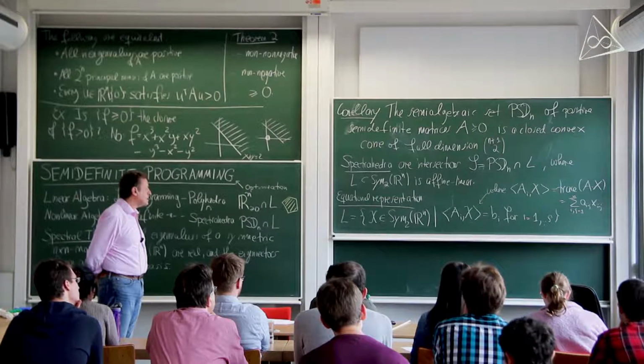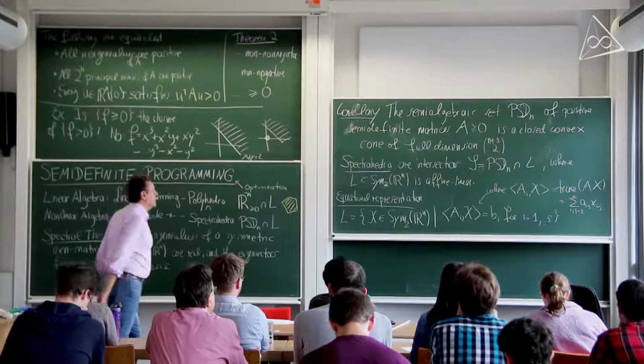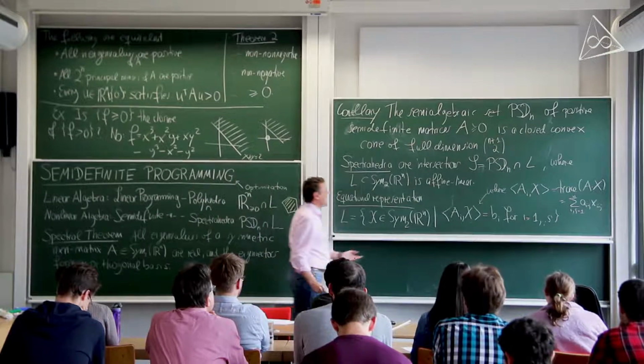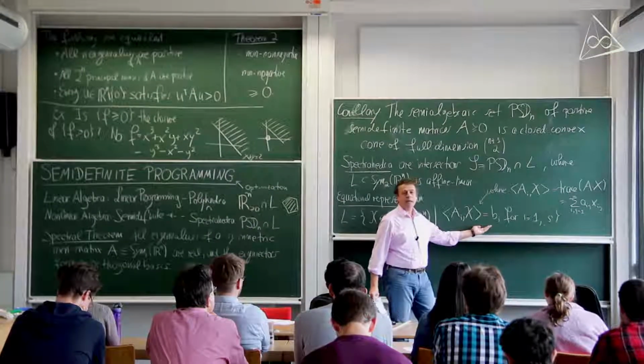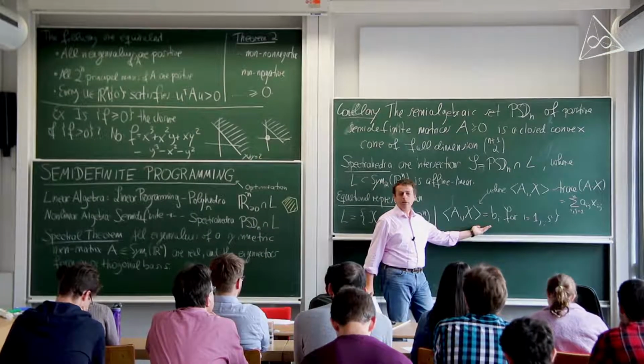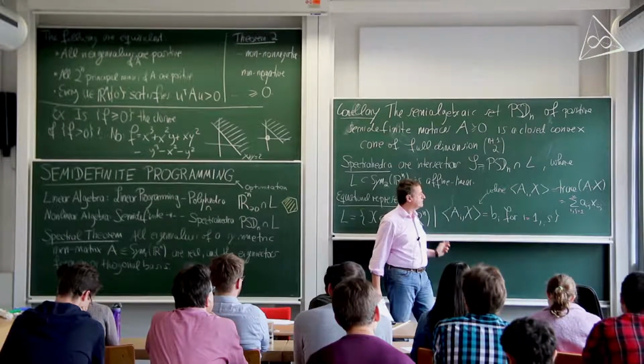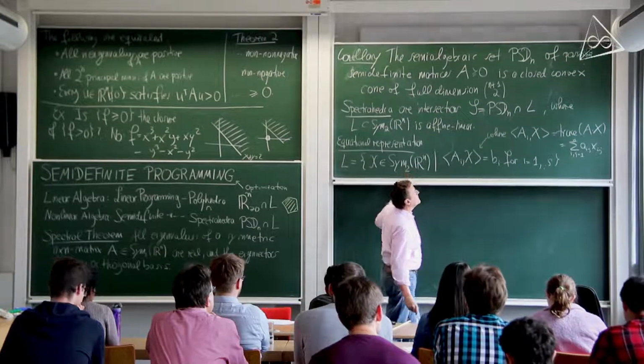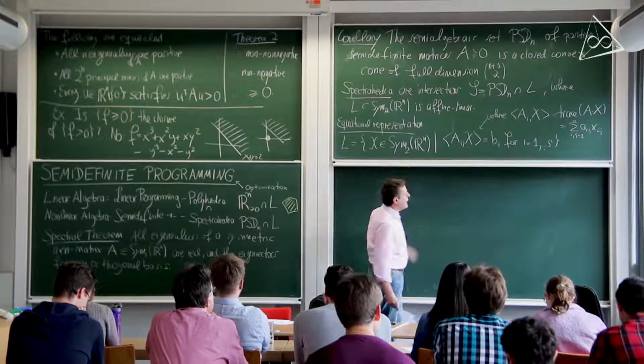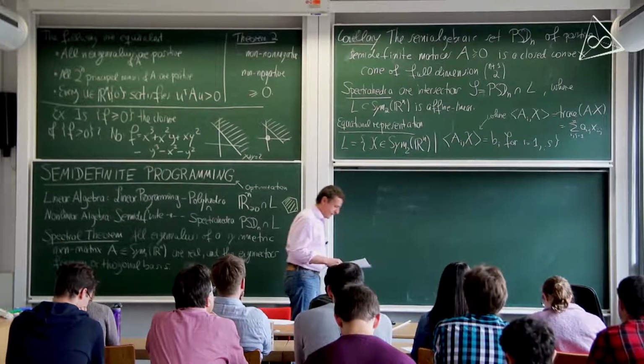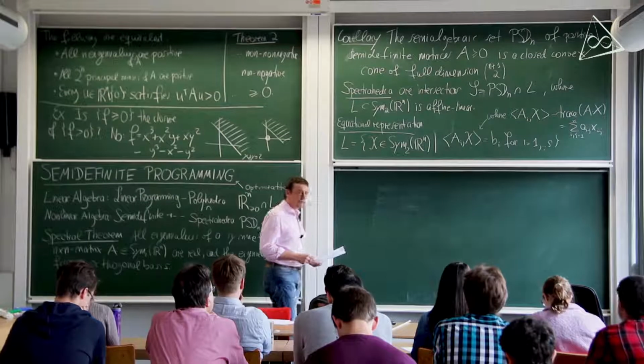So that's the trace inner product, and this is the way to write a linear system of s inhomogeneous equations in an unknown matrix X. That's the equational representation of a linear space, and hence of a spectrahedron, if we look at PSD solutions.